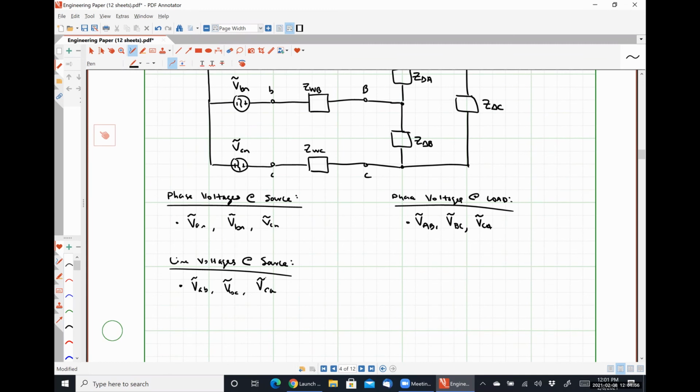And our line voltages at the load? Same as the phase voltages because it's a delta connected load.